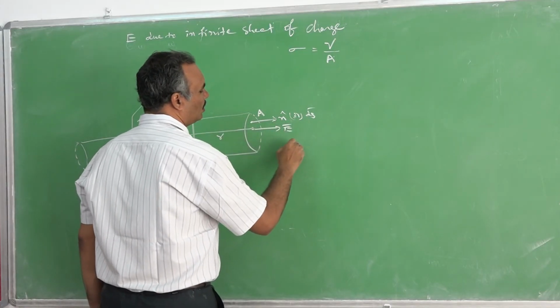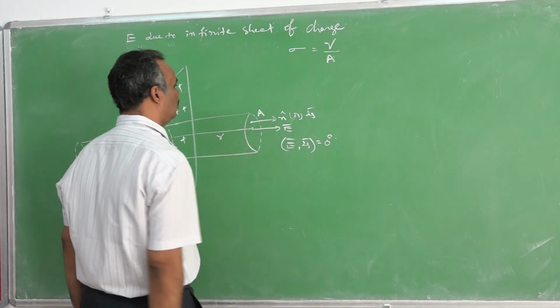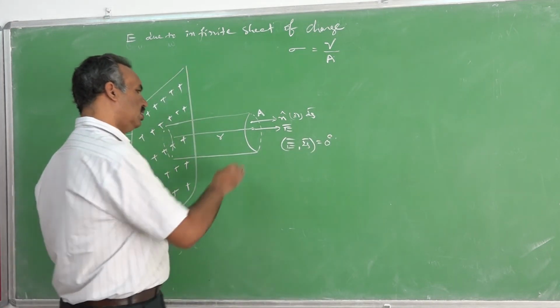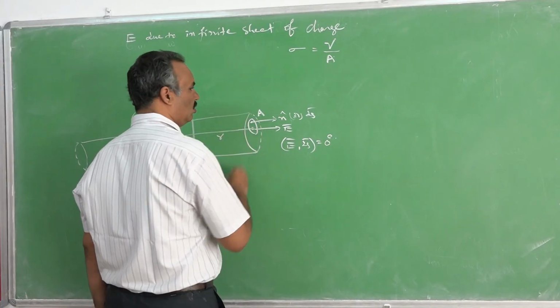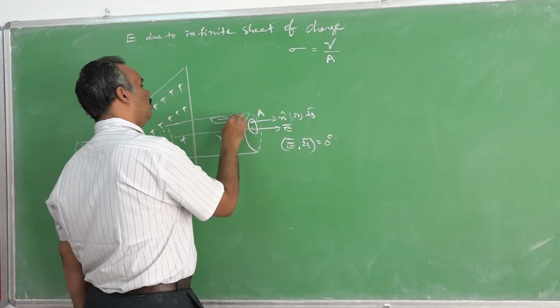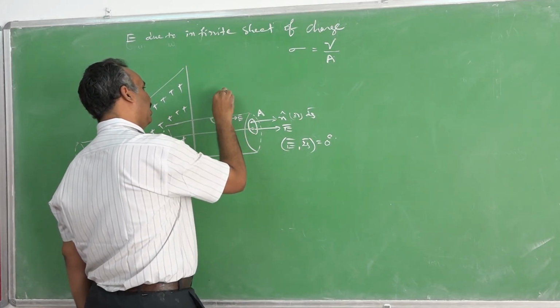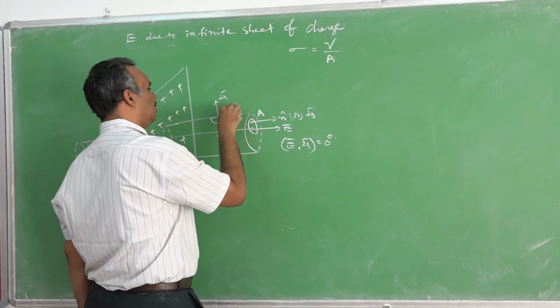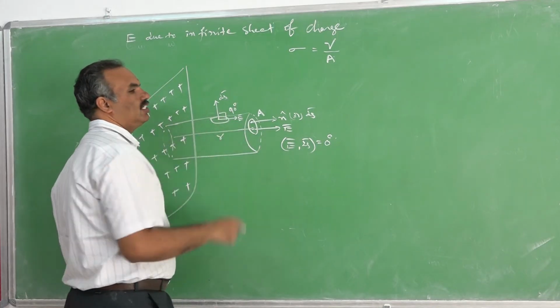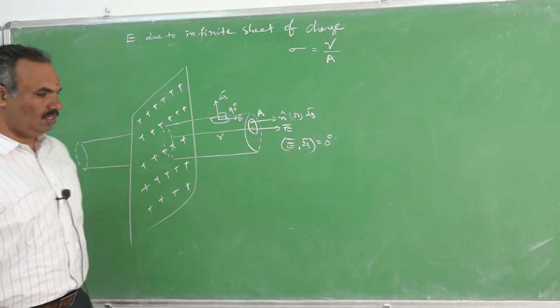Angle between them is 0 degrees. You may take a small element ds here if you want. The same small element if I consider here, E bar will be like this, again ds bar will be like this. Angle between them is 90 degrees. So no flux is passing through the curved surface. The entire flux is passing through the flat surface.